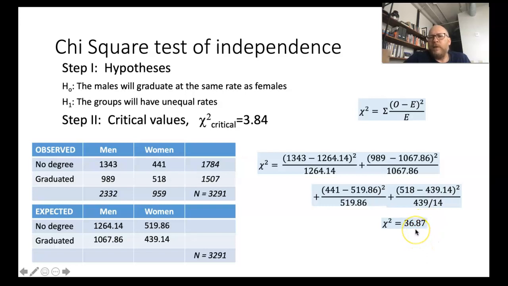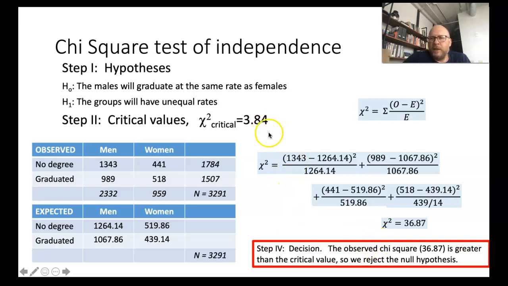Chi-square of 36.87. I got a little freaked out and I went and used some software to check my work, and that was correct because that's a very big chi-square. The decision here is that our chi-square value is greater than the critical value, so we can reject the null hypothesis. Now, what that means is that men and women are not graduating at the same rate.